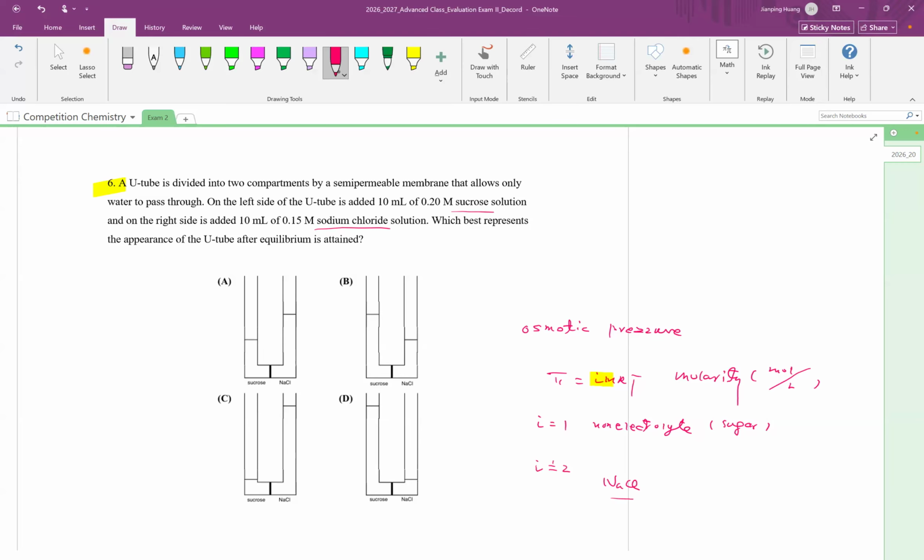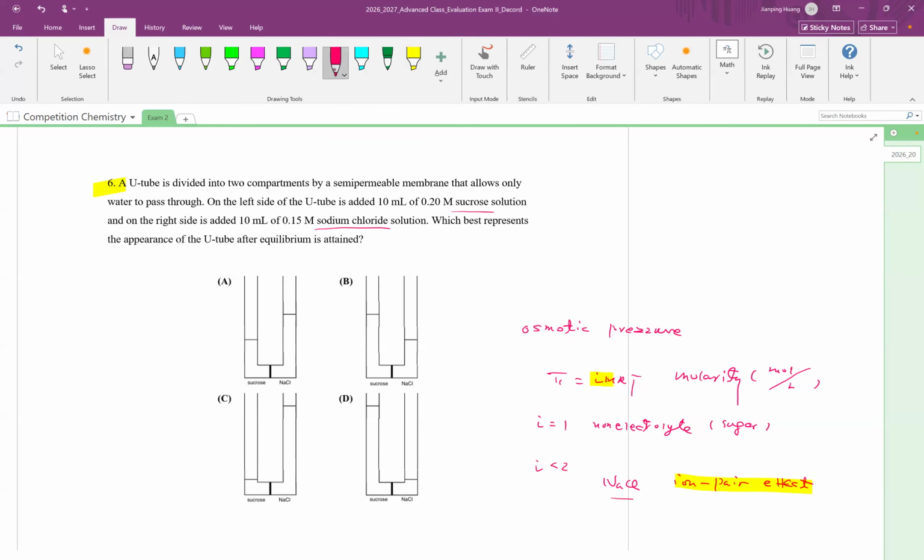Why? Ion pair effect. Ion pair effect is in the exam all the time, especially in the USNCO. That should be less than 2, not very much.